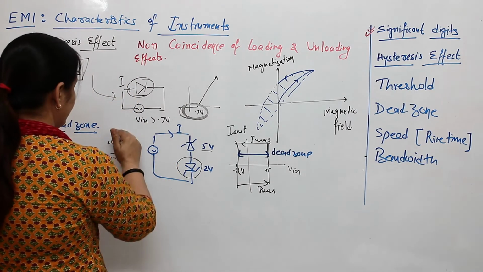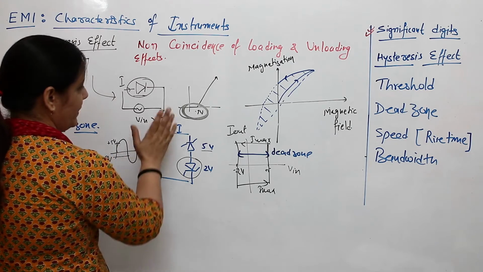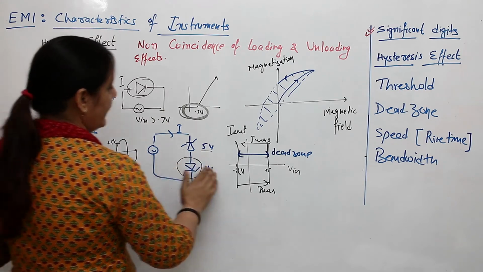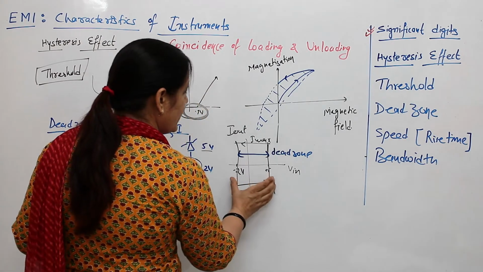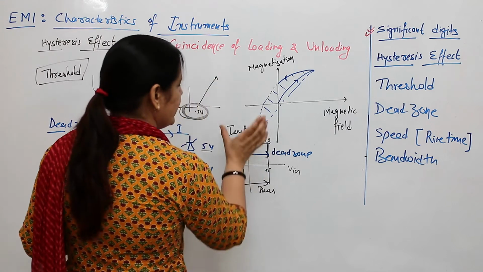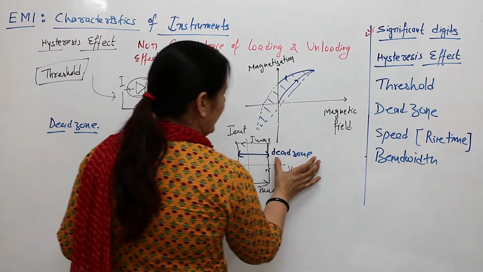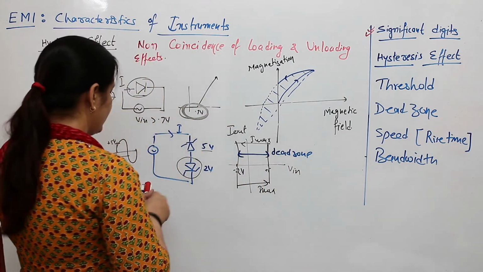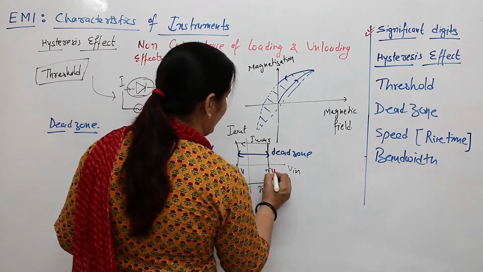In negative polarity, until our signal crosses the 2 volt, there will be no output, and after that you are getting a current in the reverse direction. So in this range, plus 5 volt to minus 2 volt, there is no response recorded in the unit, and this range is defined as a dead zone. In this case the dead zone is minus 2 to plus 5 volt.